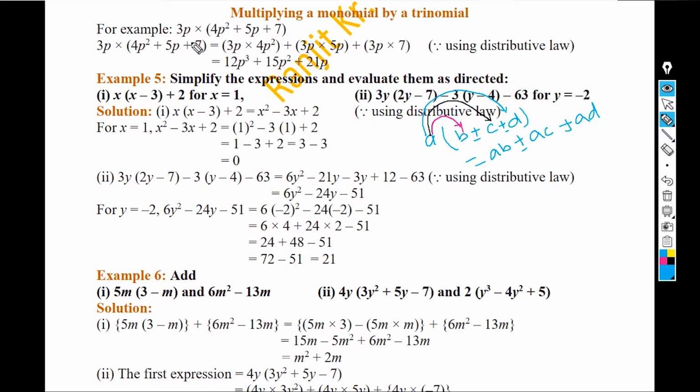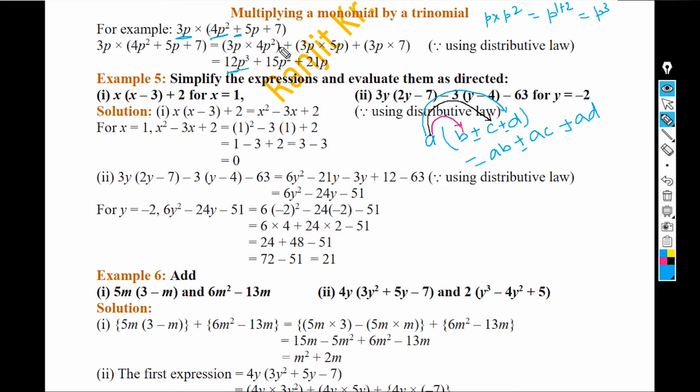Okay, by that way you can multiply this 3p with 4p square. This is 3 fours are 12, and here p into p square, can you write p to the power 1 plus 2 is equal to p to the power 3? Then it is 12 p to the power 3.